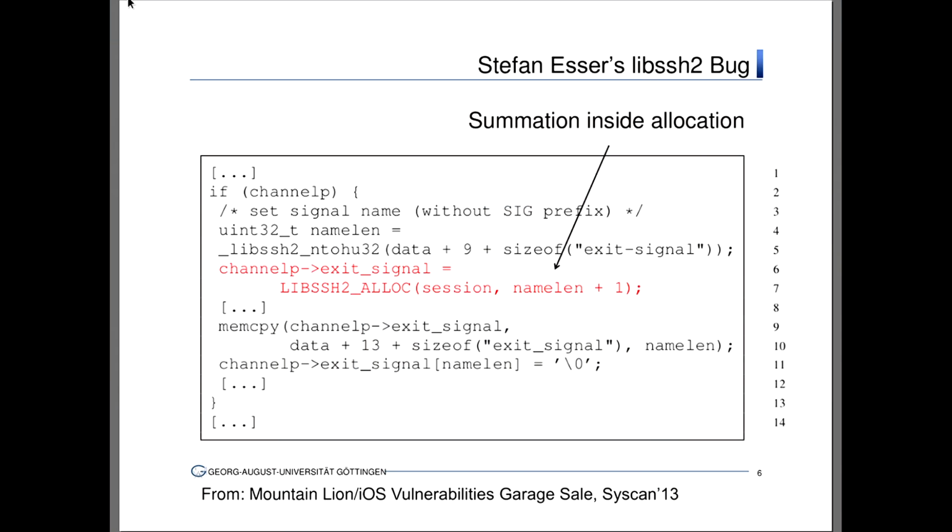is that there's an allocation. This buffer called exit signal is being allocated, and they use this variable nameLen that has just been initialized by the attacker, and they add 1 inside the allocation. Clearly the problem is, if nameLen is the maximum size of an unsigned integer, then this will overflow, and something close to 0 bytes will be allocated.